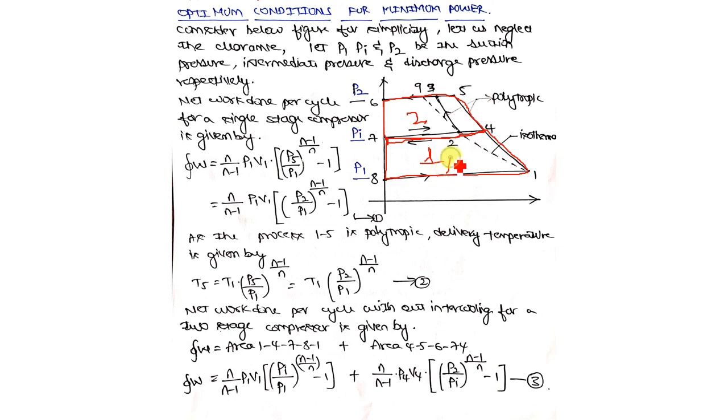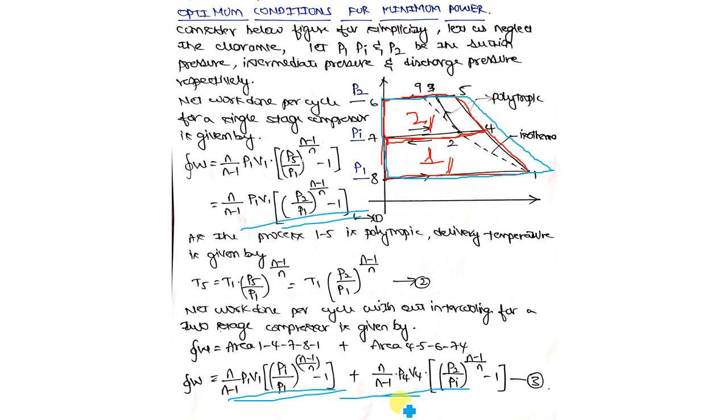Considering this as a whole thing, you can apply like this. So consider this as a single stage compressor and apply. So basically what I want to say is this expression is equal to this expression. Okay, so if you add both, it is also the same if you apply the single stage compressor.